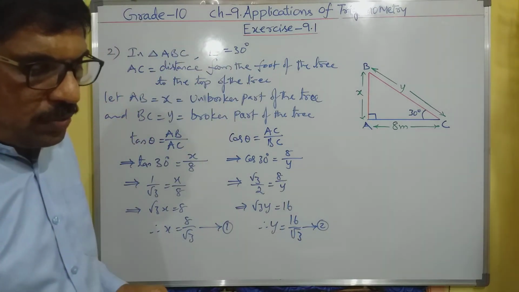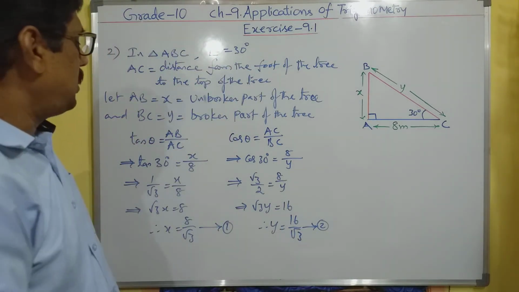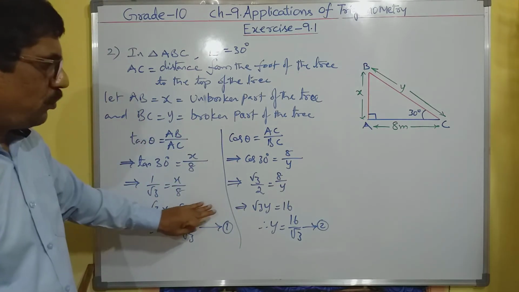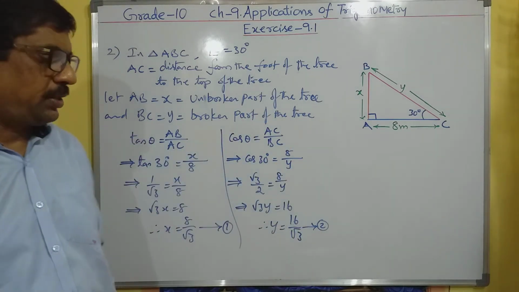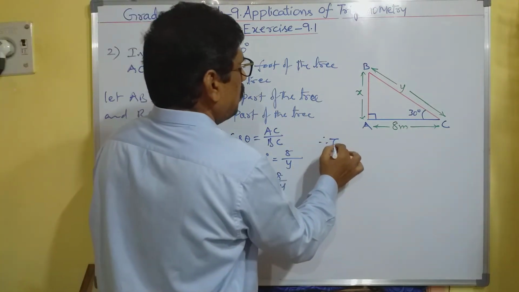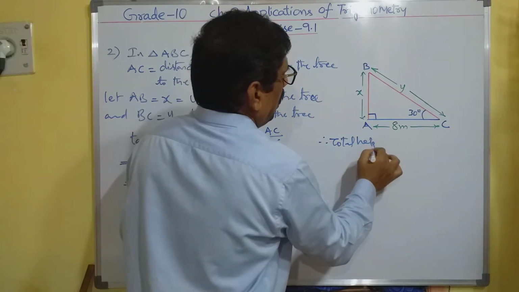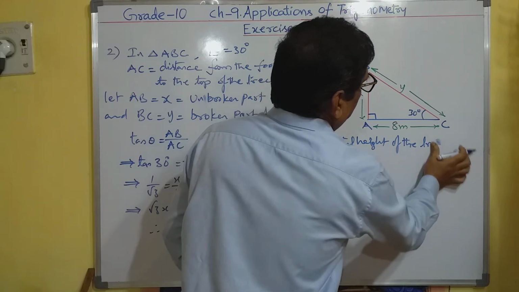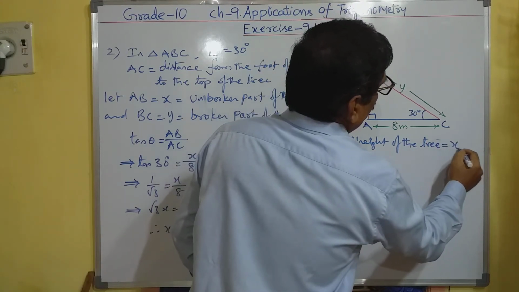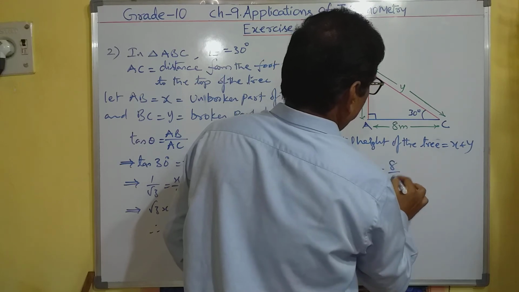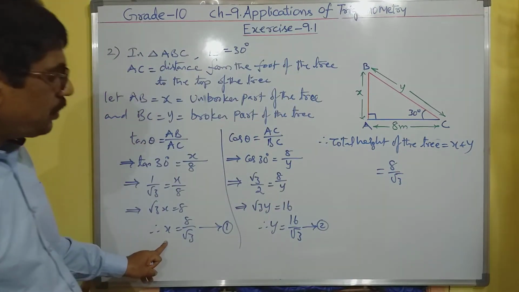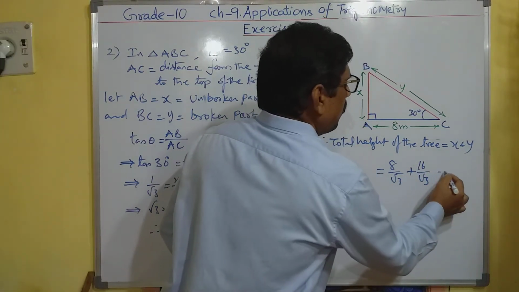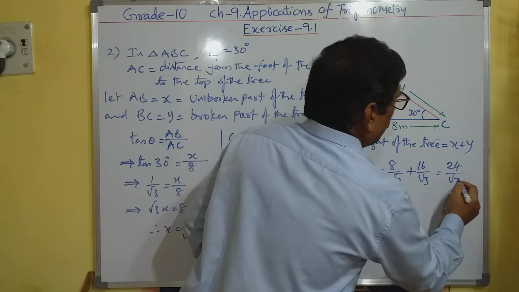Now we need to find the height of the tree. We can write this part down here, as we don't have enough place. Therefore the total height of the tree is equal to x plus y. What is x from 1? 8 by root 3. And y is 16 by root 3. If you add, you will get 8 plus 16, 24 by root 3.